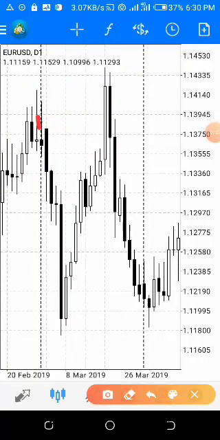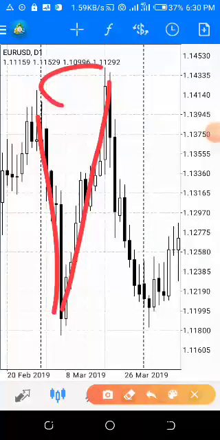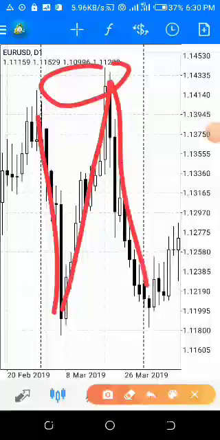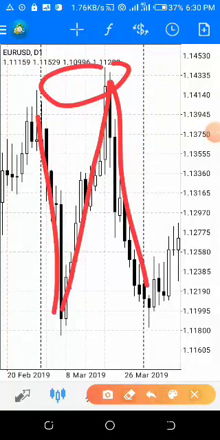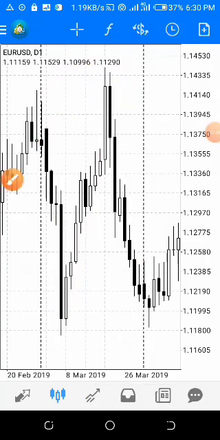Price just came down strongly, and then when it went up after this, it went up strongly, tested that zone again, and then came back down. And now you can see that this zone is really strong with how swiftly price went in and out of those zones.